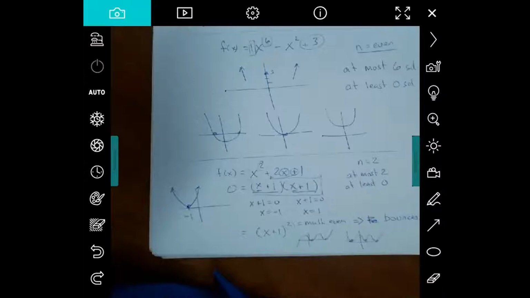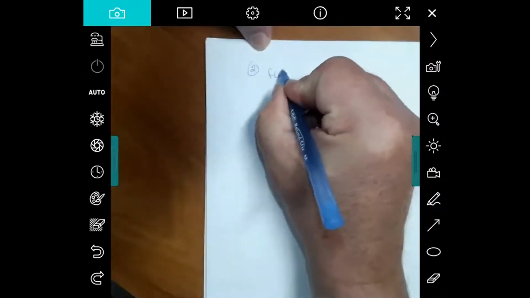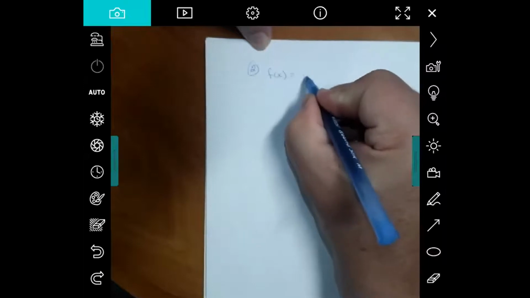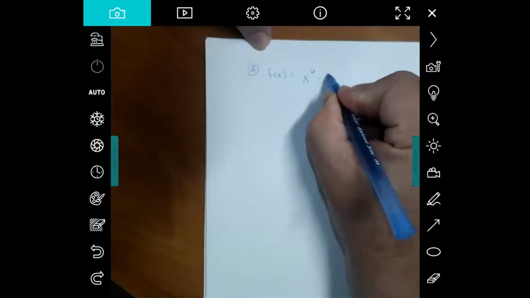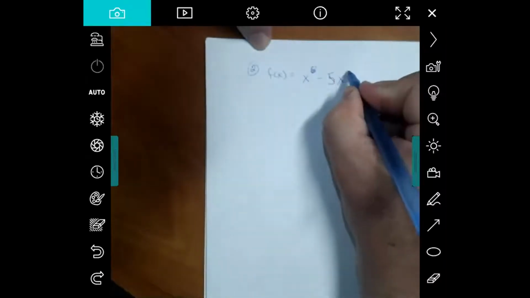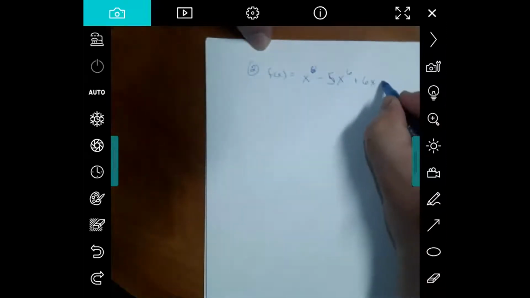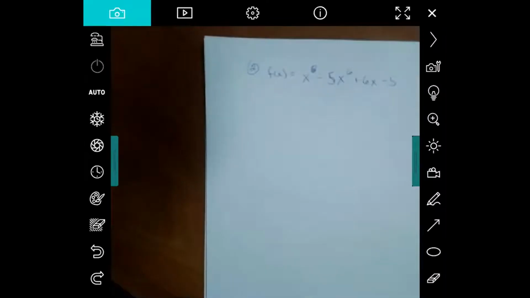Okay, here we have the same thing. We have this new equation. Question number 2. F of x is equal to x to the 8th plus 6x minus 5.